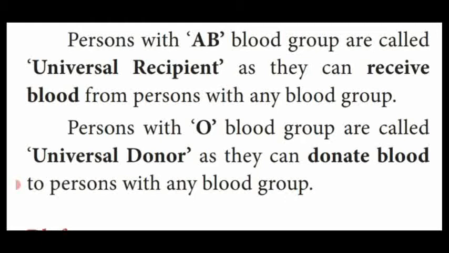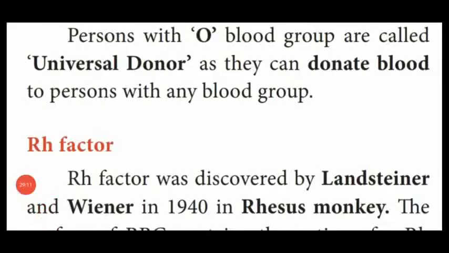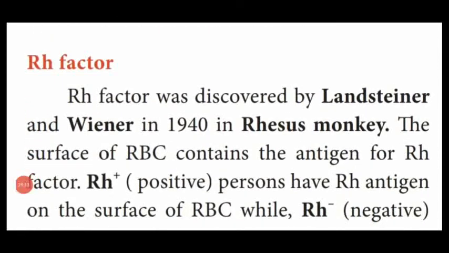So it is known as universal recipient. A blood group O person is known as universal donor. So they can donate blood to a person of any other group. So up to this, we have seen different groups of blood under universal donor and universal recipient.